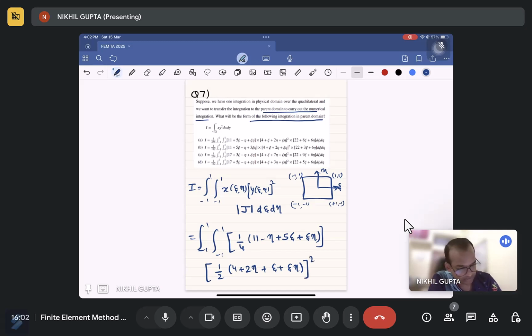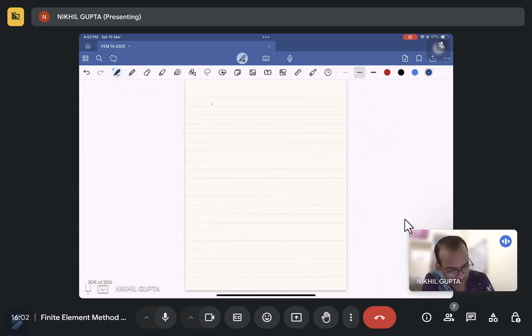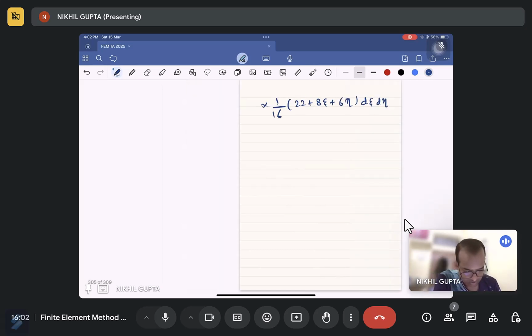And we have to multiply with the Jacobian as well. So 1 by 16 times (22 plus 8 xi plus 6 eta) d xi d eta. Okay, so I think this is the solution.